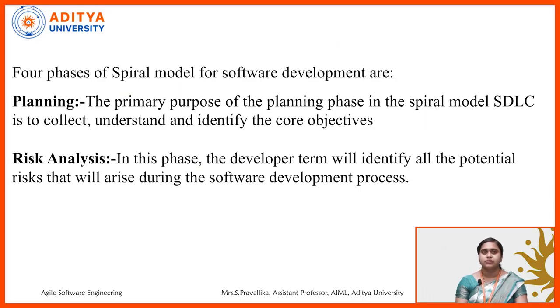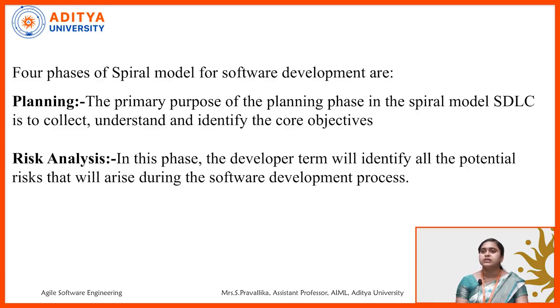The first stage is planning. The primary purpose of the planning phase in the spiral model SDLC is to collect, understand, and identify the core objectives. So we need to collect the requirements, understand them, and identify the core objective of the project. The next phase is risk analysis.